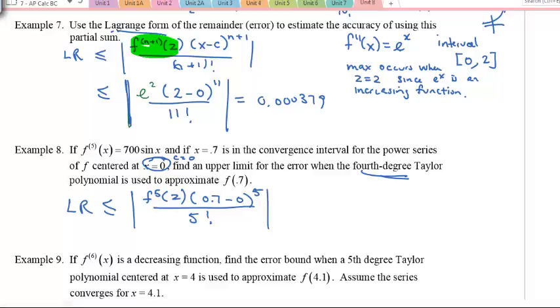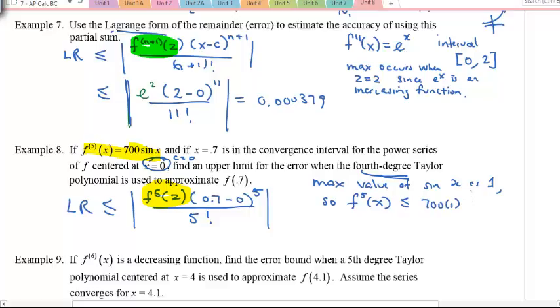The question once again remains, what is the largest value of the fifth derivative at z? And since I told you the fifth derivative is 700 sine x, you should know that the maximum value of sine x is 1. So the maximum of the fifth derivative must be less than 700 times 1.